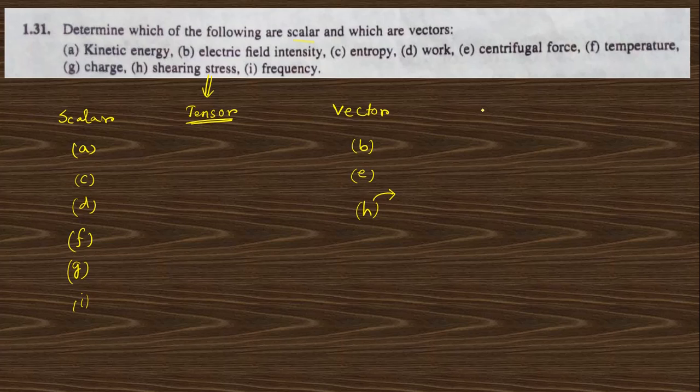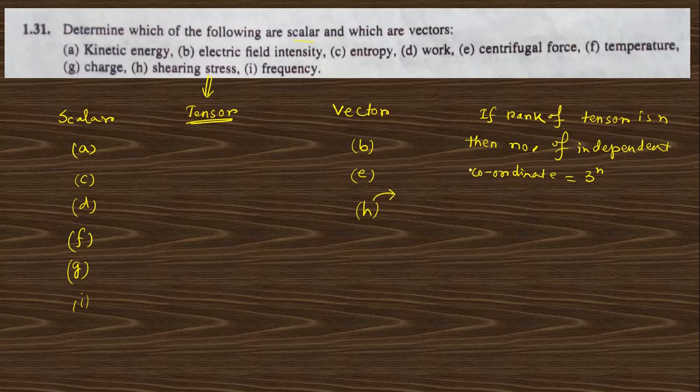If the rank of the tensor is n, then the number of independent coordinates or quantities is 3 to the power n.